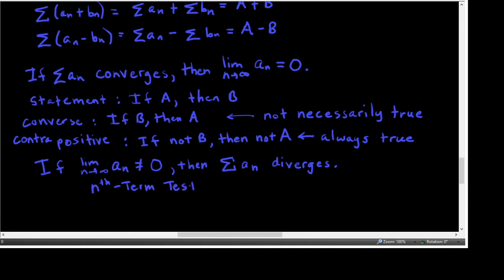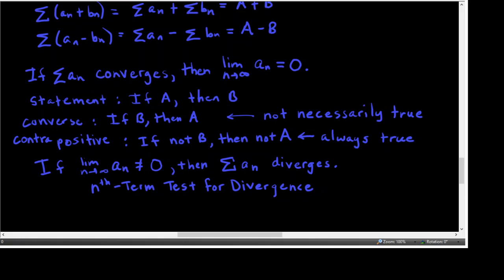for divergence. This will only tell you if something diverges. Finding the limit as n approaches infinity equaling 0 is not conclusive. I can't talk and write at the same time because I forget what I'm writing. Sorry about that. If we find the limit of a sub n equals 0 as n goes to infinity, we can draw no conclusions. It's inconclusive.